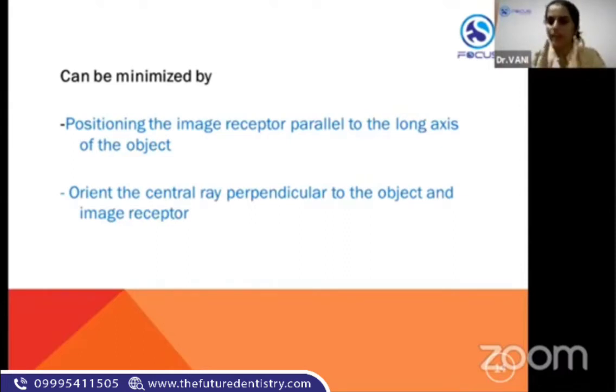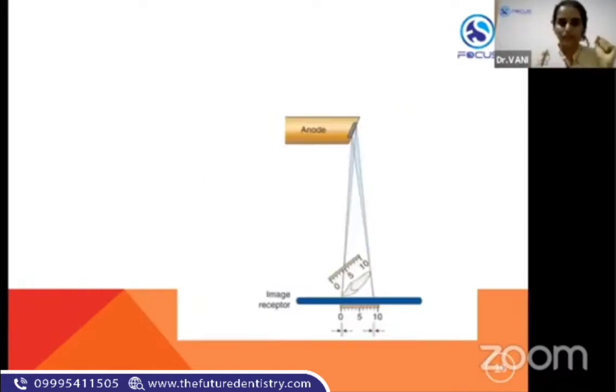So the film should be placed parallel to the long axis of the tooth, while the central ray should be perpendicular to both the object and the image receptor. If these principles are not followed, let us see what shape distortions occur.